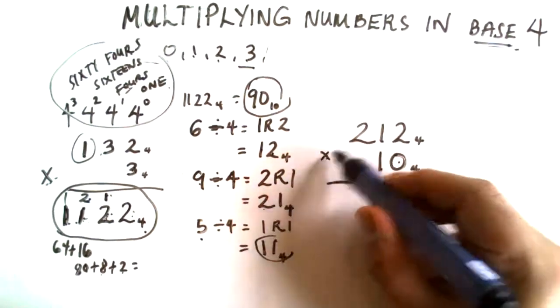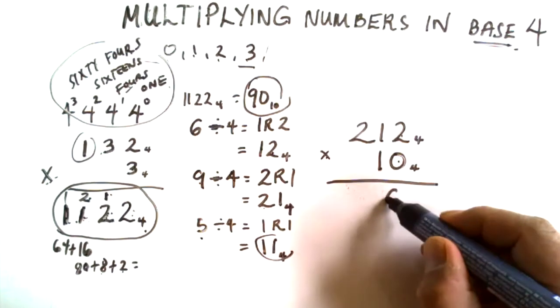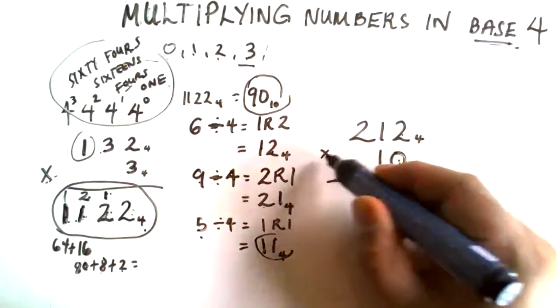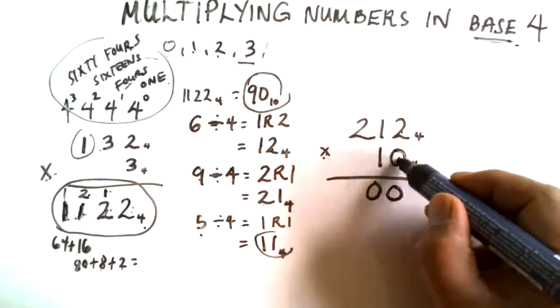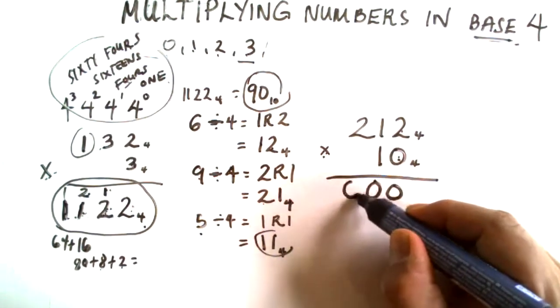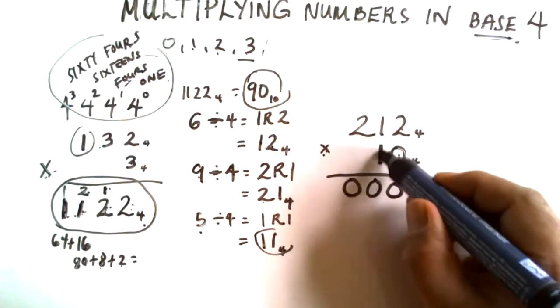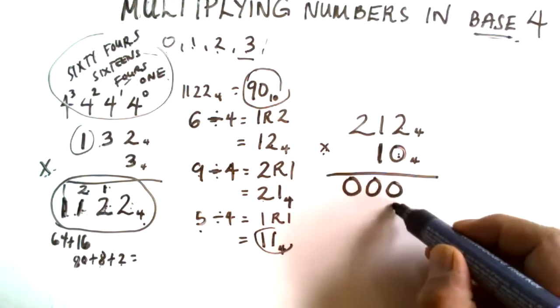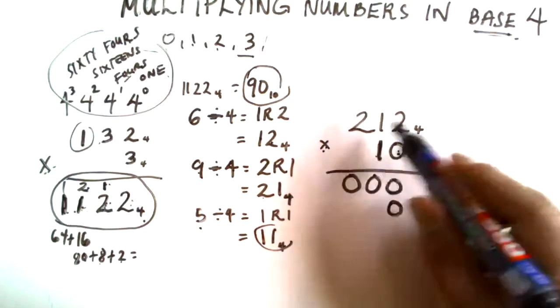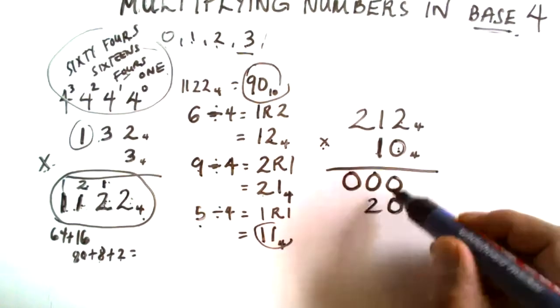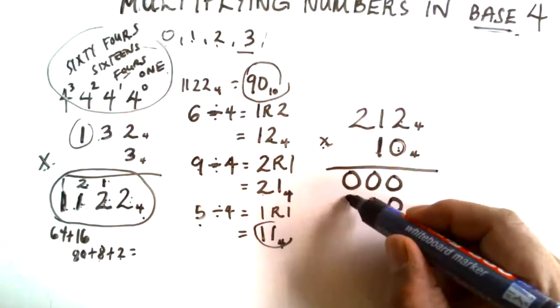So 0 times 2 is 0. 0 times 1 is 0. And 0 times 2 is 0. Now we always add another 0 here. And we have 1 times 2 is 2. 1 times 1 is 1.